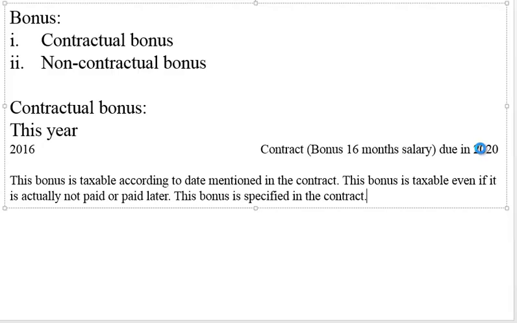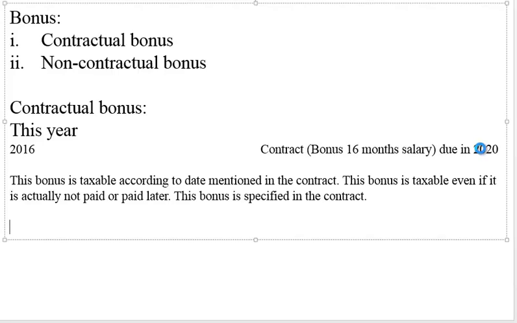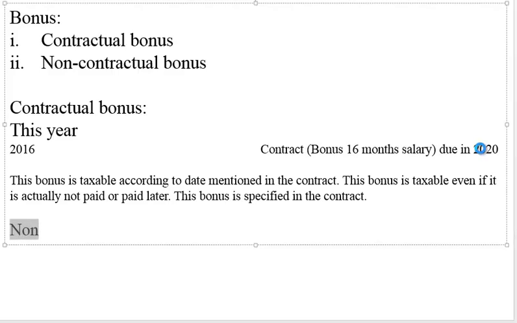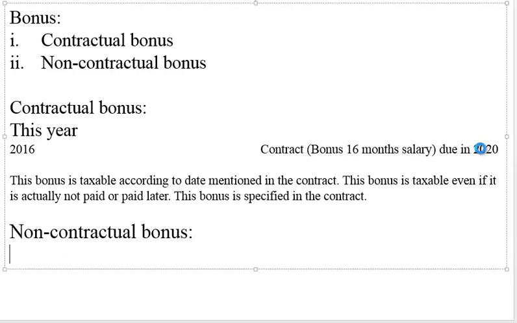Okay, any question? Any question on the contractual bonus? No. Then you have the second bonus, known as the non-contractual bonus. What is this bonus? This is a one-off bonus that you get because you performed better, right? Your employer announces, well, you know what, I'm going to pay you a bonus. It can be announced at any time.